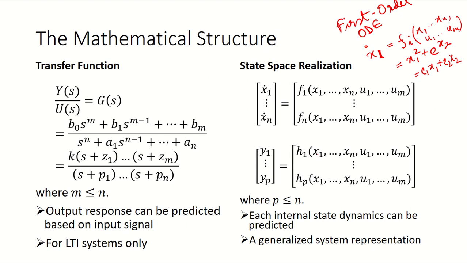However, in general it is a function of all the states and all the inputs, and it is not a dynamics, it is a simple algebraic relation. y1 equals, not y1 dot, y1 equals h1 of x1 to xn, u1 to um.